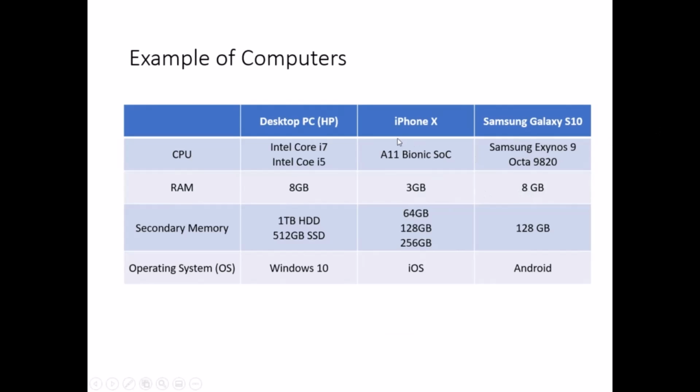But the speed of the mobile is not only determined by RAM. It is determined by the operating system, by the CPU, and so on. So when I say that RAM for Samsung is better than iPhone, it doesn't mean that overall Samsung is better than iPhone. And when I say that the iPhone processor is faster than Samsung, it doesn't mean that iPhone is better than Samsung.